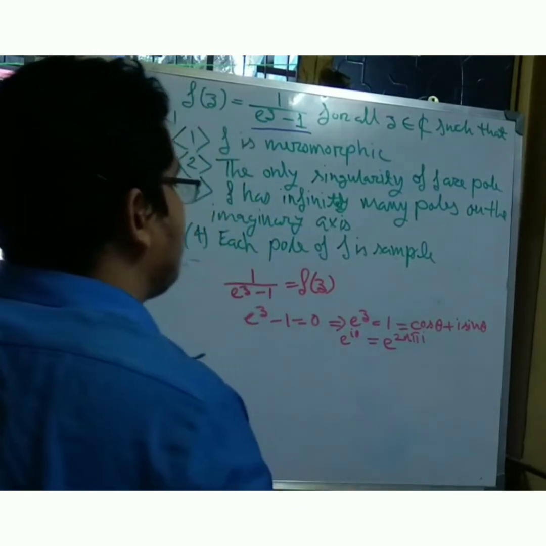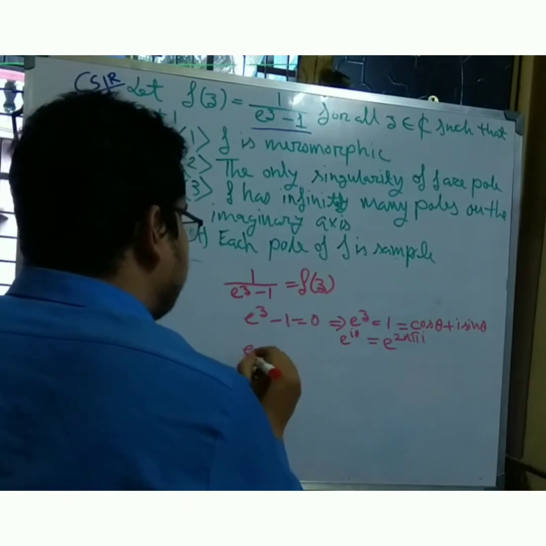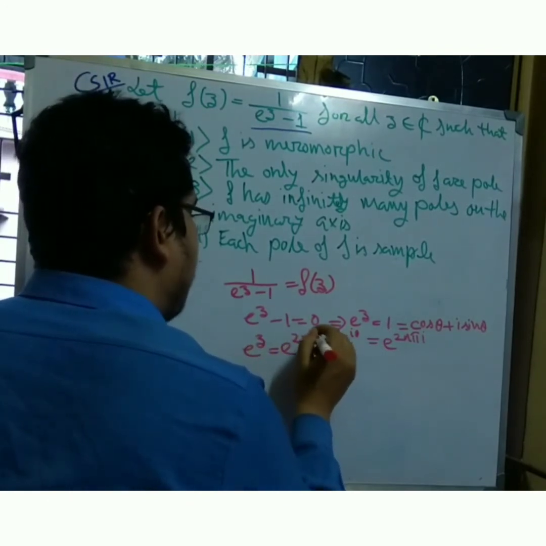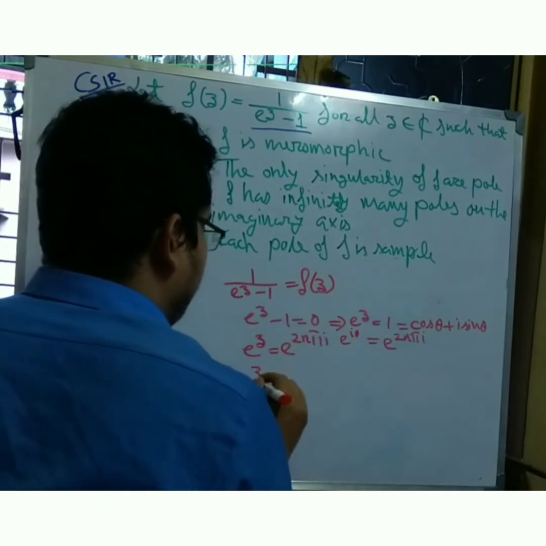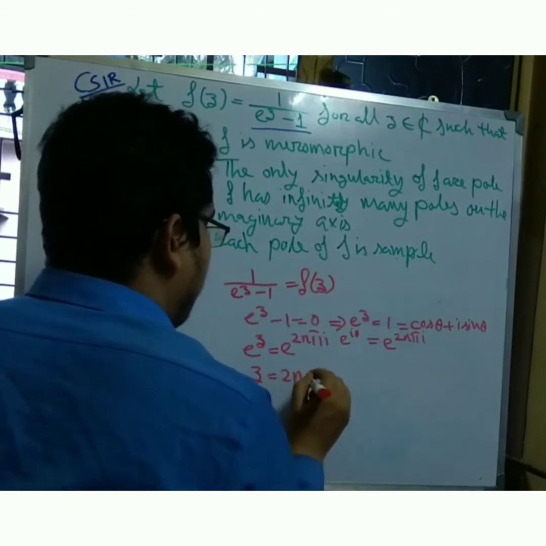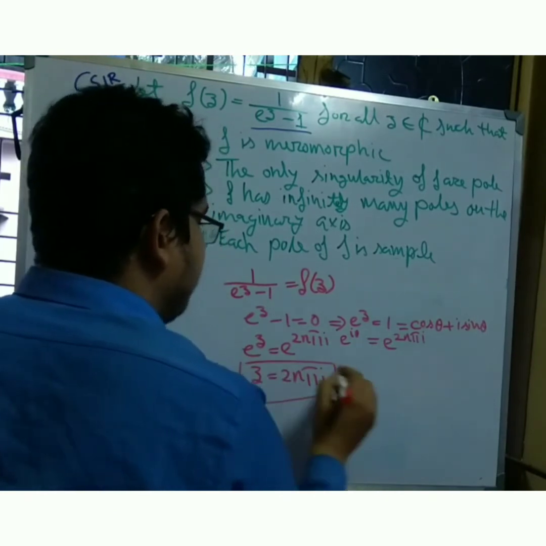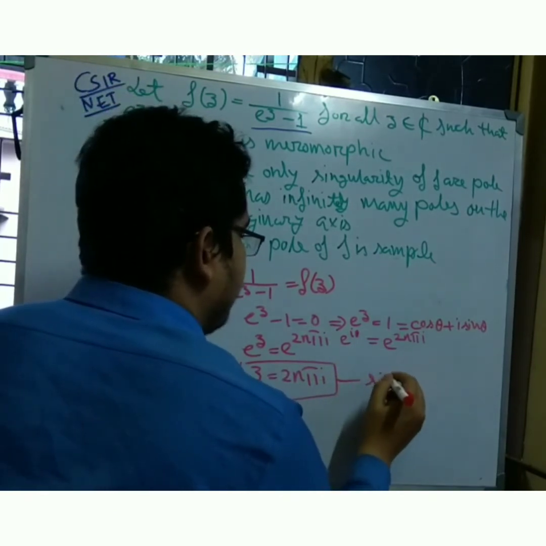Must remember e^(2n pi i). So e^z can be written as e^(2n pi i), and z equals 2n pi i. This is my singular point, friends.